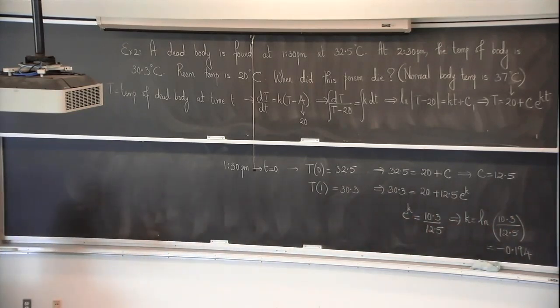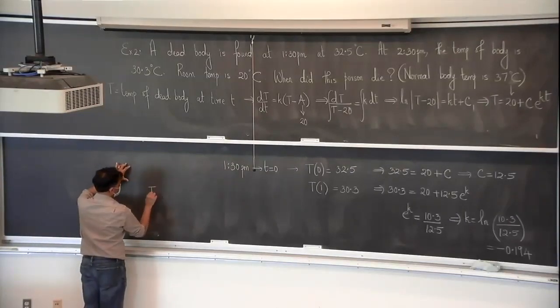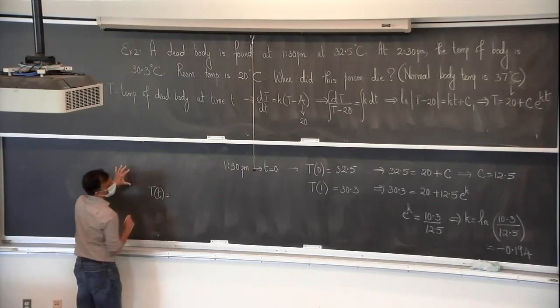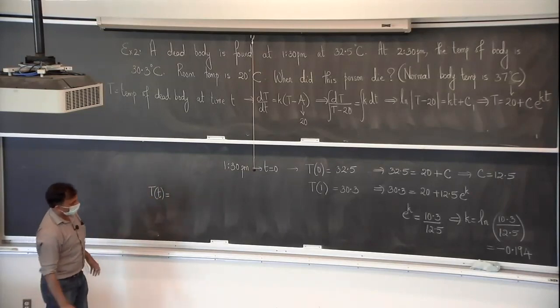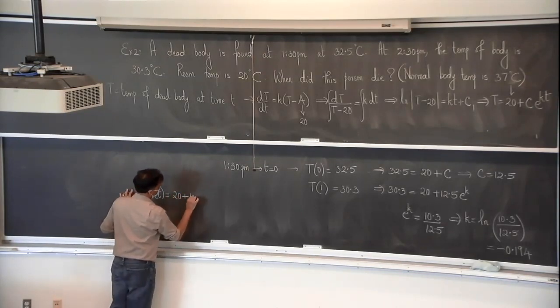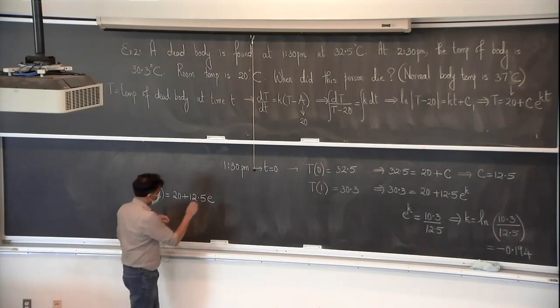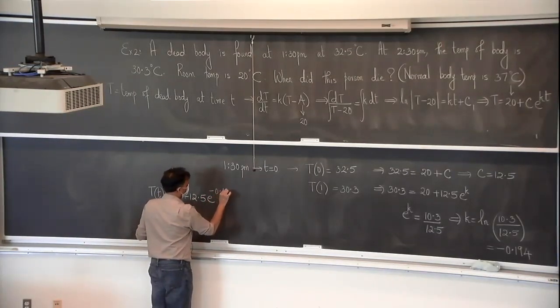All right, so we have all the constants we need. So from there, we have T of t equal to 20 plus 12.5 e to the power of negative 0.194 t.